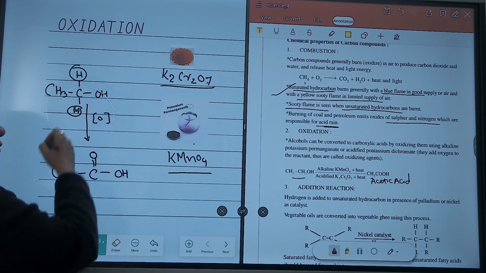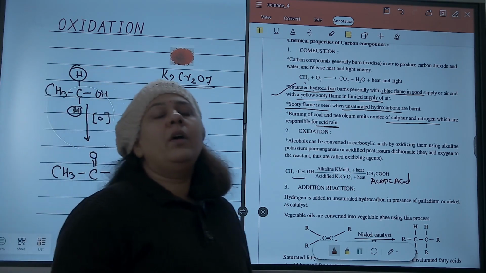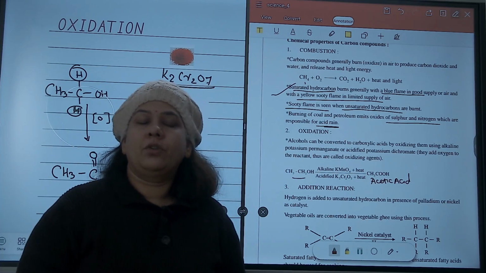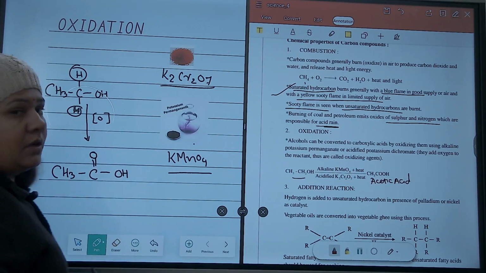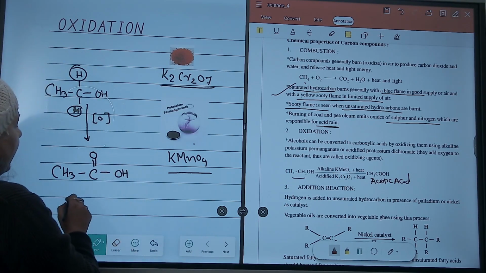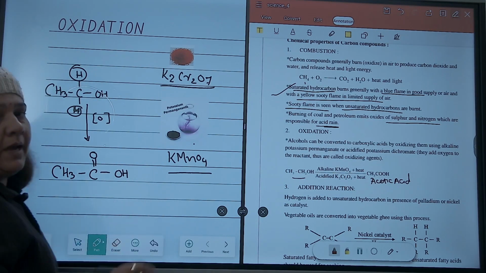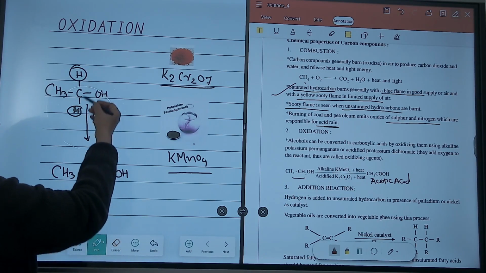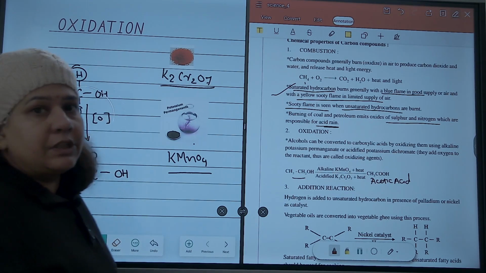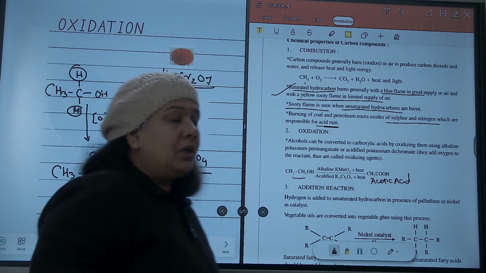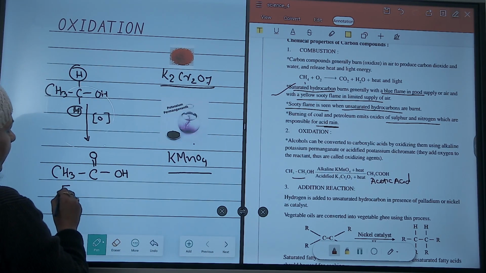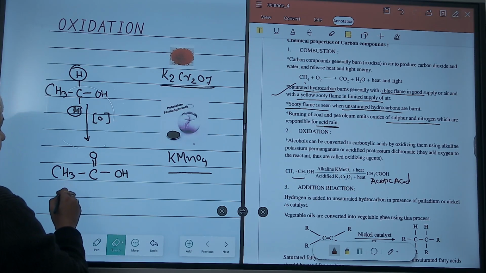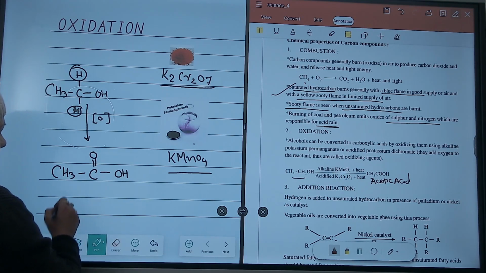So, removal of hydrogen or addition of oxygen is called oxidation. So you can show the reaction in this manner, and also you can explain it that two hydrogen atoms are being replaced by single oxygen atom in alcohol. Hence, ethanol is getting converted into ethanoic acid.